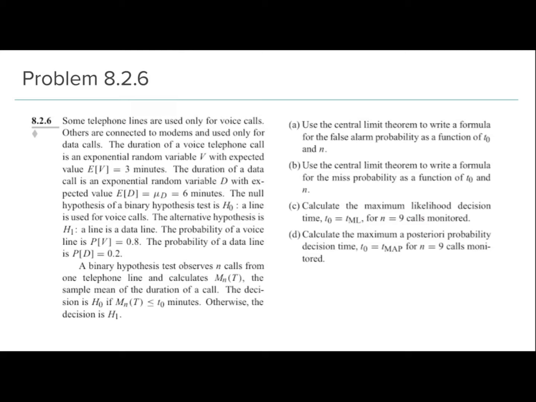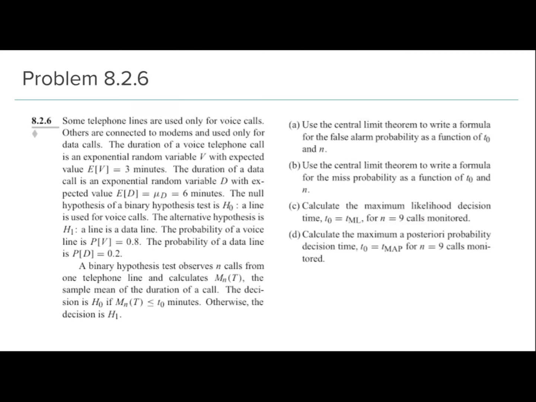And the probability of voice calls is 0.8, the probability of it being a data line is 0.2, and the binary hypothesis test observes n calls and calculates the sample mean M_n(T), and the decision is H0 if M_n(T) is less than or equal to t0. So A0 is basically M_n(T) less than or equal to t0, right?